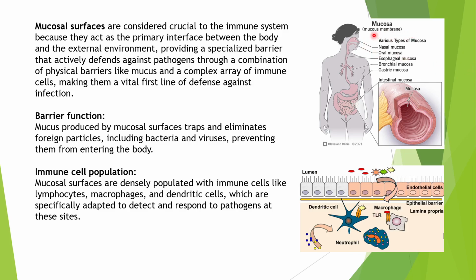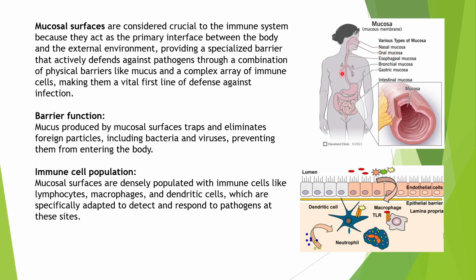So you can see in this picture, your mucous membrane is your mucosa, and the various types of mucosa are your nasal mucosa, through your nose, and then your oral mucosa through your mouth. So the entire oral tube and oral cavity has the mucus lining. And then your esophageal mucosa; as I said, it continues throughout the length of your opening.